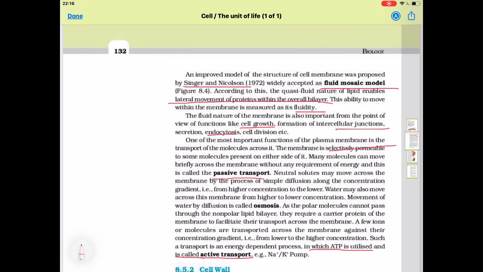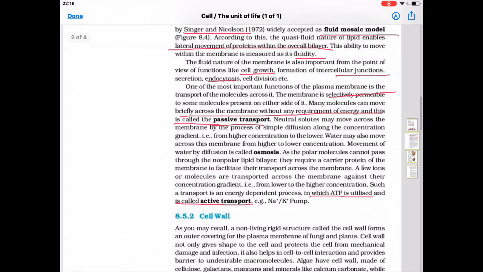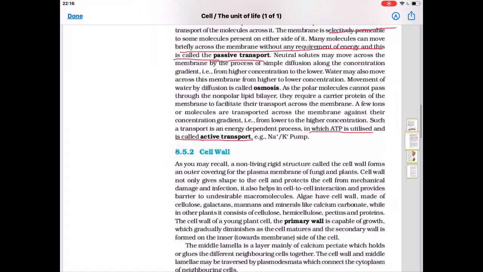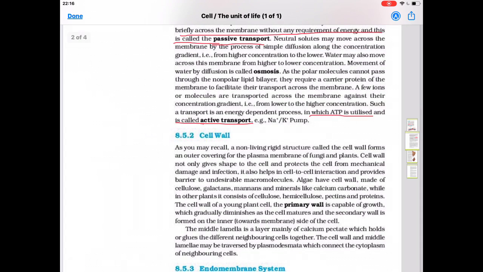And some molecules are transported without the use of ATP, that is known as passive transport. In this, the movement is from higher concentration towards the lower concentration. And the movement of water molecule is known as osmosis.